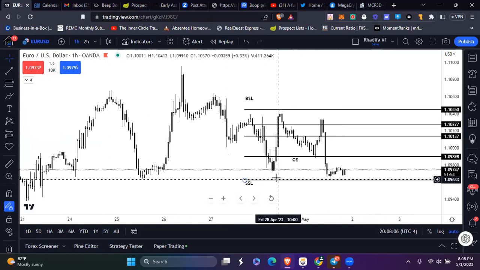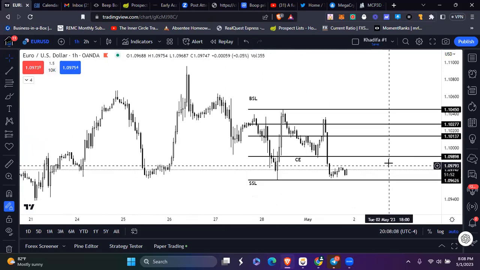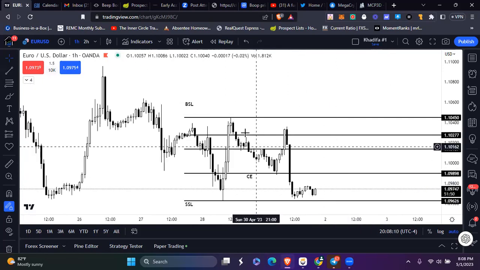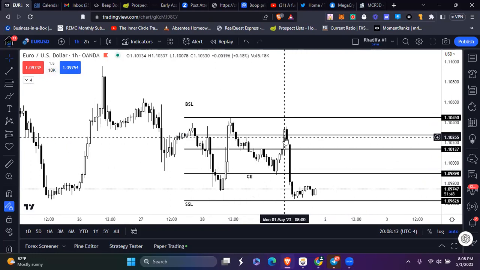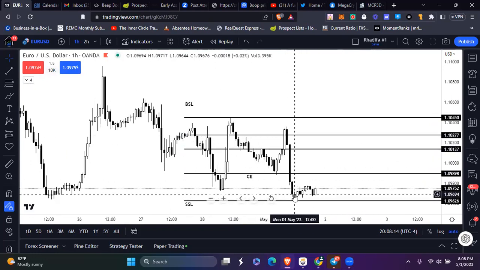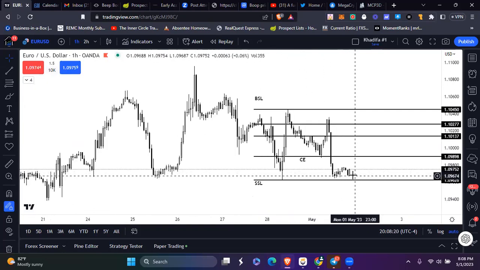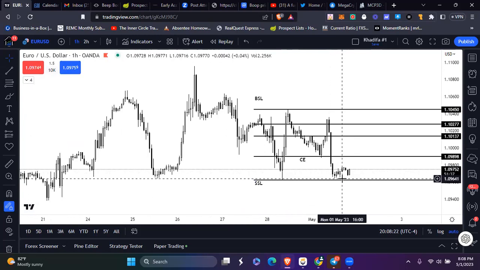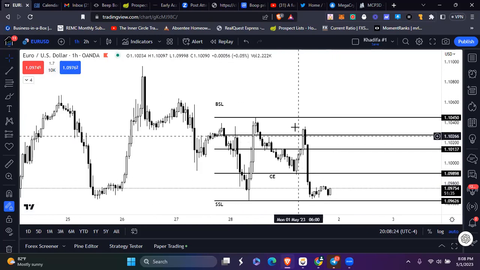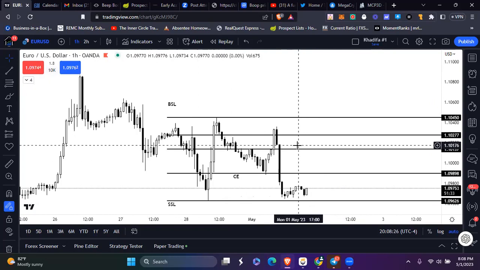We didn't run sell side liquidity exactly, but we got close enough. So if this was a sell you were in, you should have definitely been out of this trade by now. You were only, what, 1 pip away from TP.